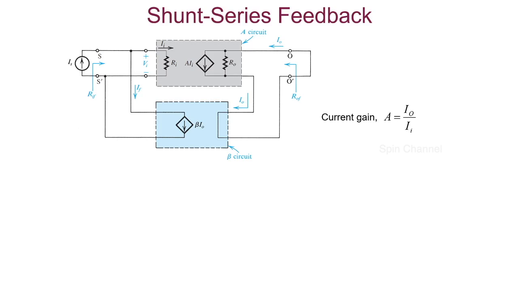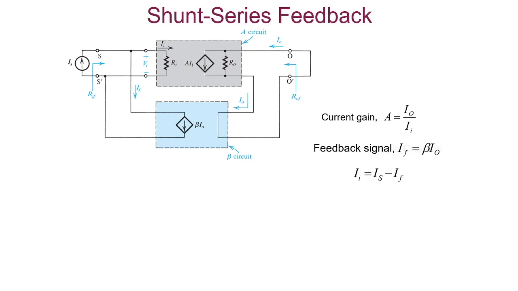So the feedback signal IF is equal to beta into I0. Now the input to the basic amplifier II can be written as the source current minus the feedback signal IF. Therefore II equal to IS minus IF.